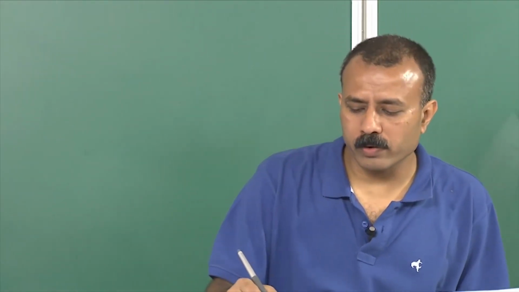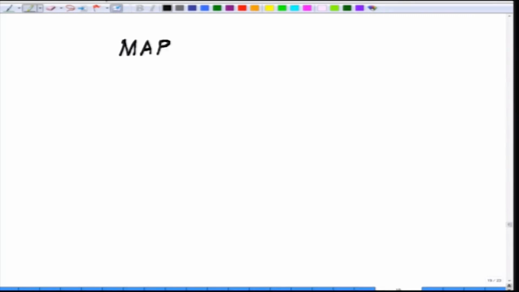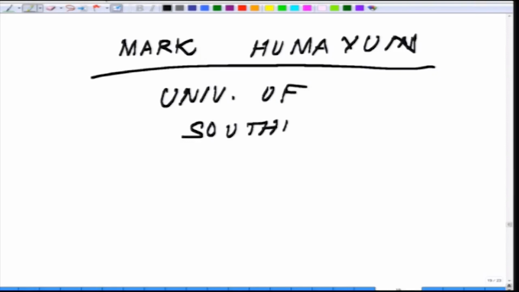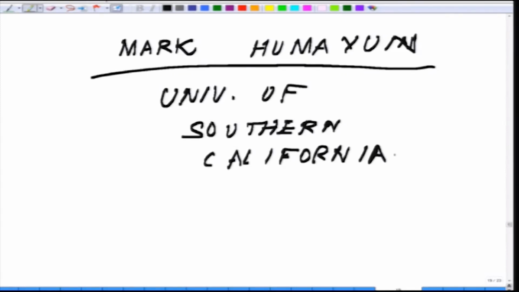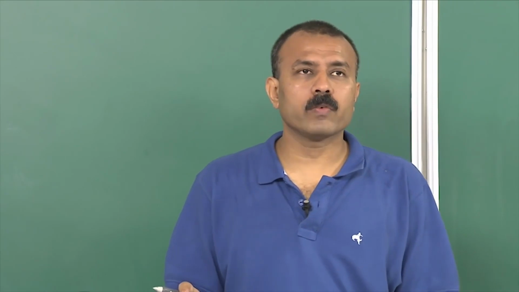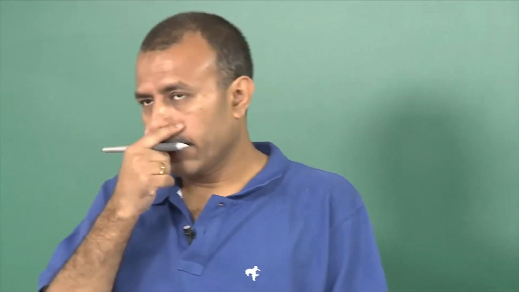So, one of the persons who has made really good contribution is from University of Southern California. You should read Mark Humayun. Spelling may be wrong, sorry, Mark Humayun. His paper from University of Southern California, USC. He has made some very interesting cameras where he has interfaced them with the brain, and this is really a very interesting piece of work which is going on.